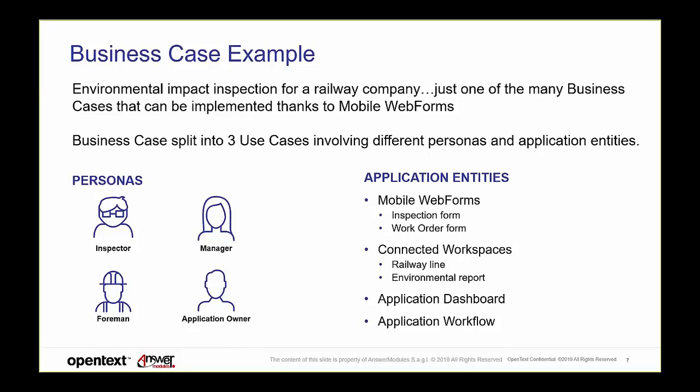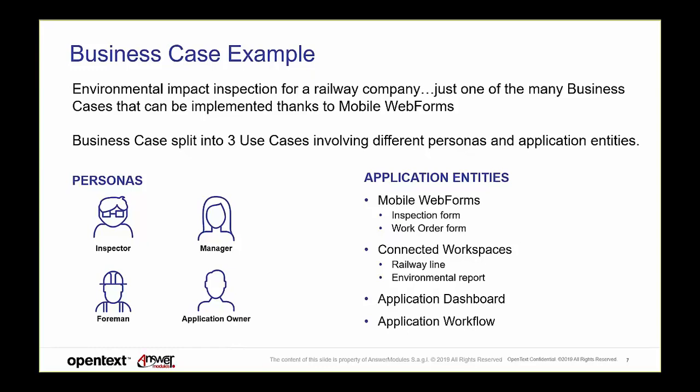And we have an application owner, who is part of the business and is responsible for maintaining this environmental impact inspection process. The inspector, as well as the foreman, are personas operating in the field, while the manager and application owner are personas operating in the back office.